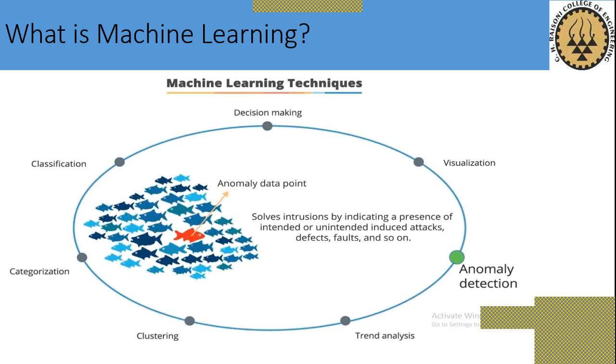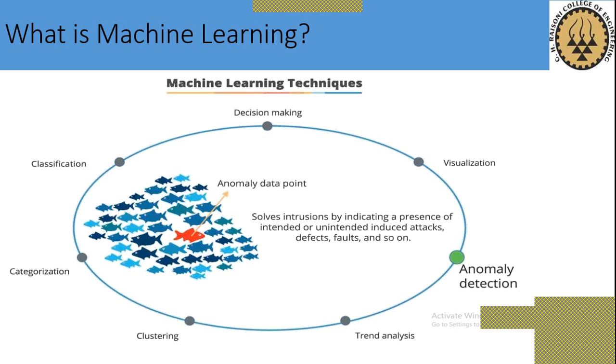It is used to detect intrusion by indicating the presence of an intended or unintended induced attack, defect, fault, and so on. So anomaly detection is normally used in networking. When you regularly use your network, there is some pattern you follow.